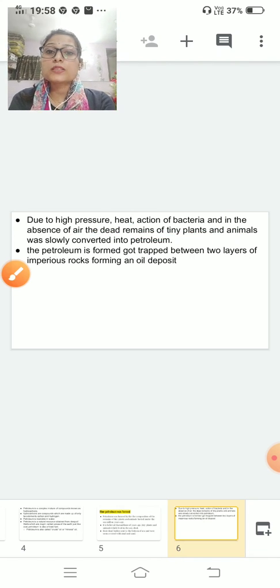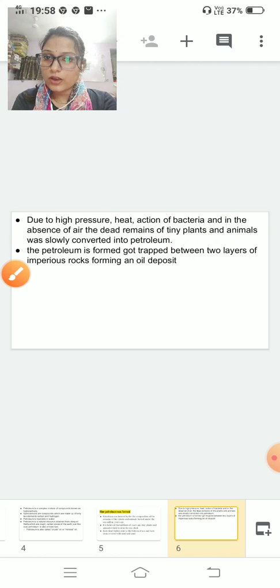The petroleum formed gets trapped between two layers of impervious rock, forming an oil deposit. And like this, petroleum is formed.